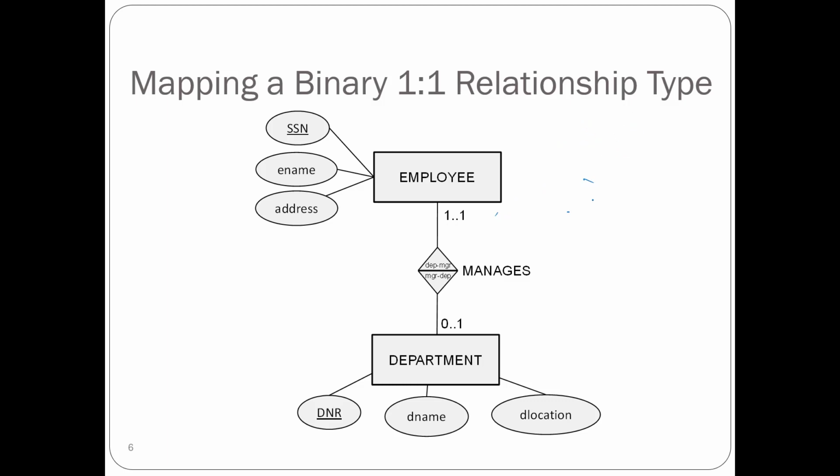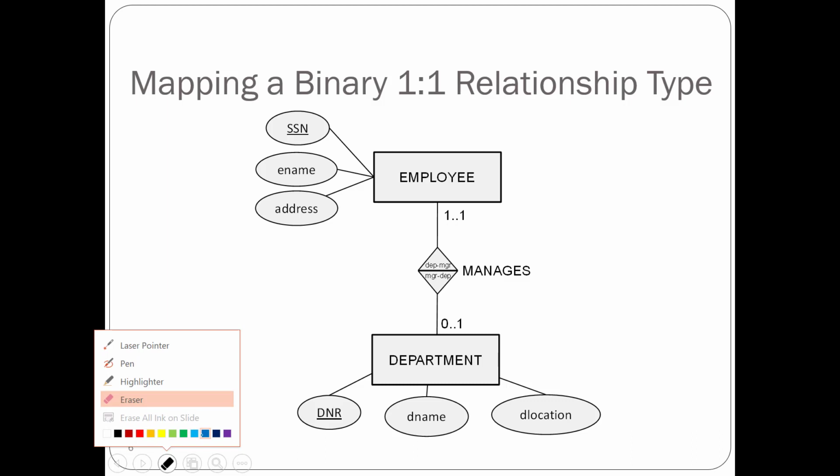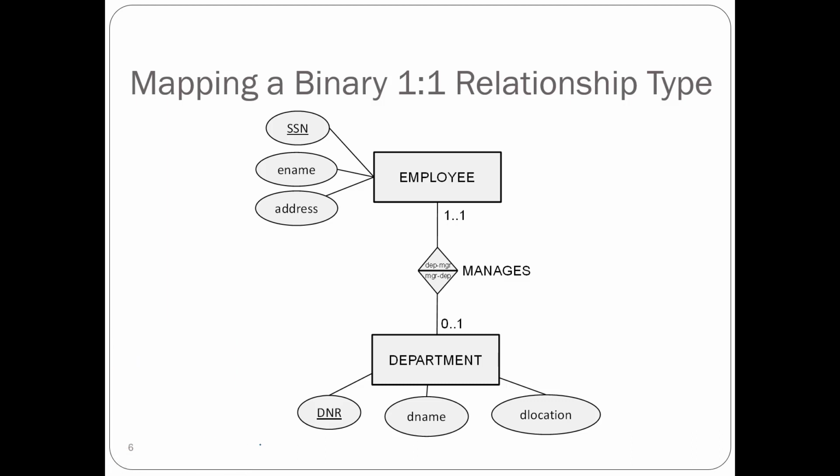So the point is that in this second mapping, where we are putting the foreign key in the relation department and making that not null, these two cardinalities are supported. Since it is not null, for a department we must have at least one employee to work as a manager, right? I'm saying at least one.